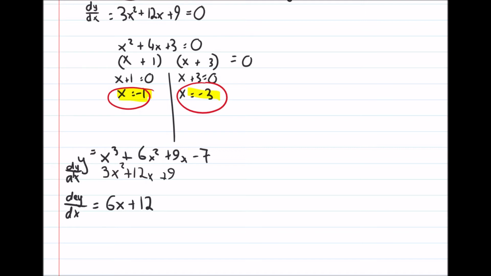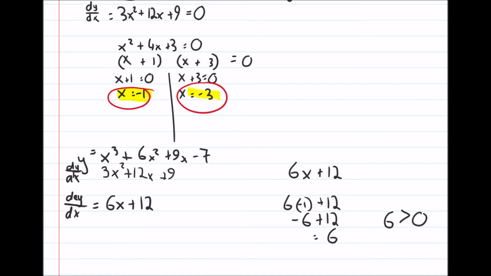Now I want to find out which of these points is the maximum point. Obviously the other one is the minimum point. So take my new function, 6x plus 12, and I'll try minus 1. Put minus 1 in there. 6 multiplied by minus 1 is minus 6, plus 12 gives me 6. 6 is greater than 0.